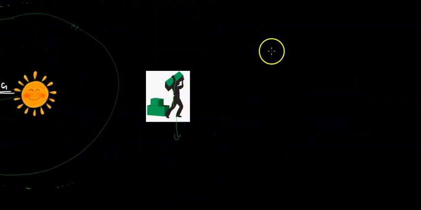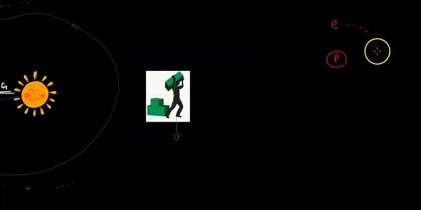Now you can see this is another example. You can take how an electron revolves around the nucleus in the same way. Electron is revolving around the nucleus. Here gravitational force will act, but here a very strong force is there, which we say is the electrostatic force.